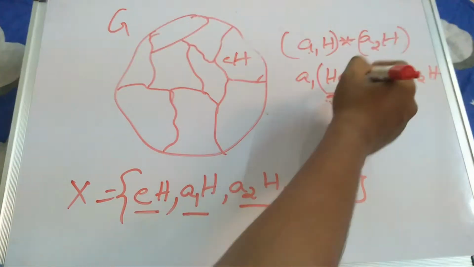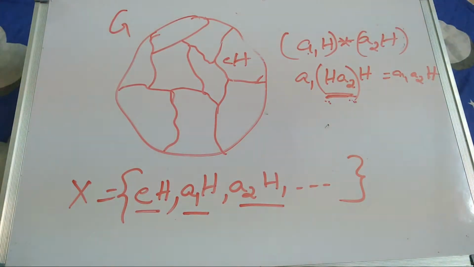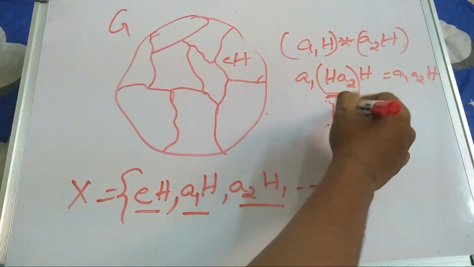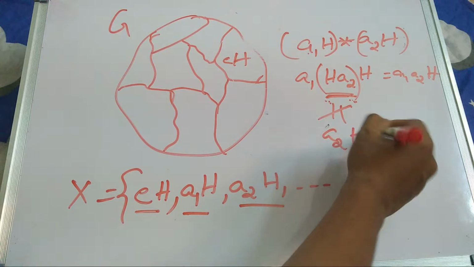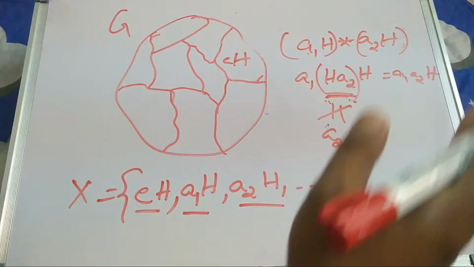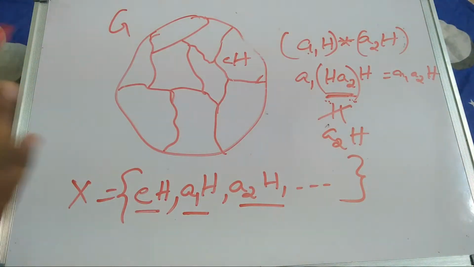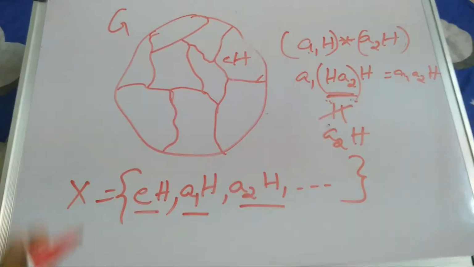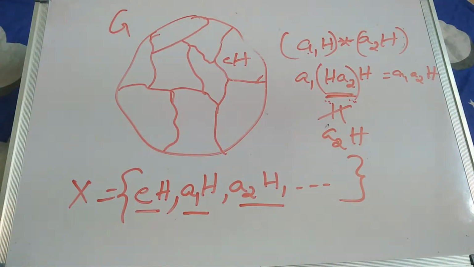But if you try to switch the position, HA2 is not equal to A2H always. So left coset and right coset need not be equal in general. Since we have arrived through examples having only abelian groups, we haven't arrived at such an example. We will look at such an example when we move into symmetric groups.